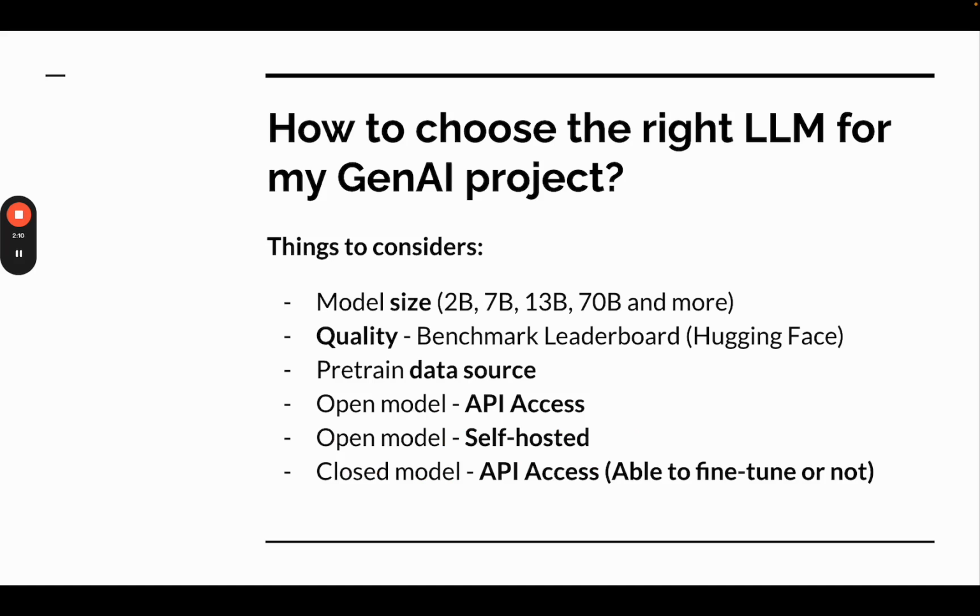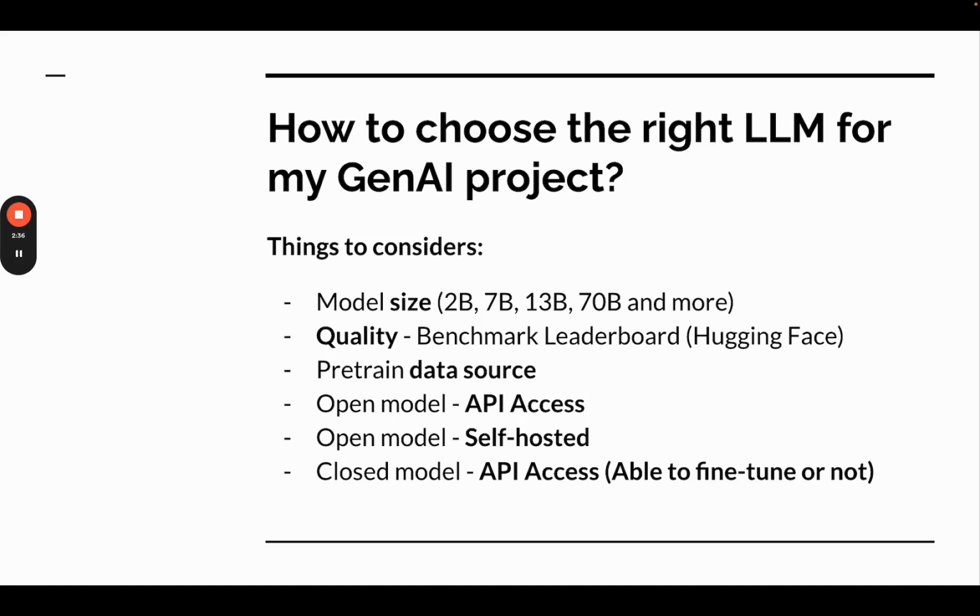So how to choose the right LLM for your Gen AI project? That's really interesting. Also, there are various factors to consider. The first one is model size. There are various model sizes: 2 billion, 7 billion, 8 billion, 13 billion, 17 billion, or even more. There are also 400 and even 500 billion parameter models available as open source.